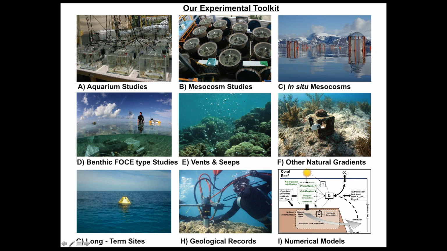So really the modeling and working closely with modelers is essential for integrating all these different types of data to get a bigger picture and to be able to predict how changes that are predicted to occur in the future might affect ecosystems, populations, and communities.